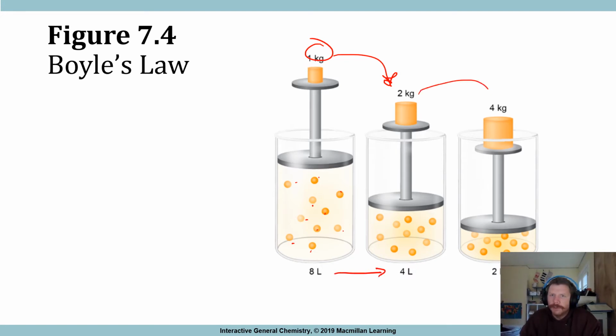Again, double the mass to 4 kilograms, our volume is going to decrease to 2 liters. So we see that decreasing. We double our mass, we cut our volume by a factor of 2. That's effectively how pressure and volume are related to one another.